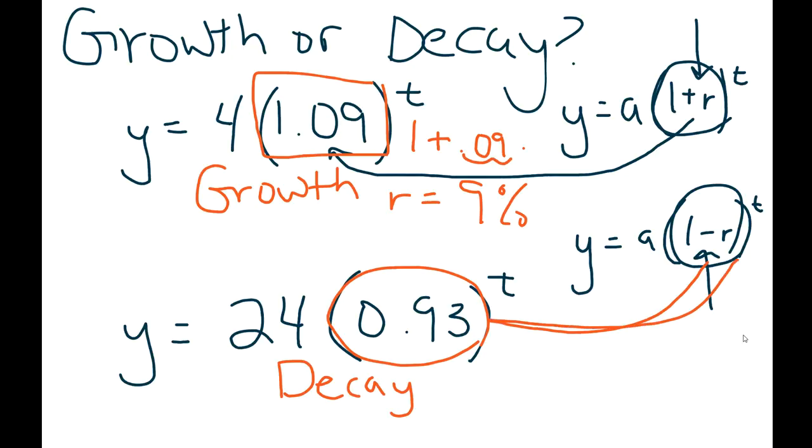Down here, you're trying to figure out, well, R has to equal 1 minus what to get to 0.93? Well, it would have to be 0.07. So when you subtract, you would get back to your 0.93. So then your rate would be 7%.